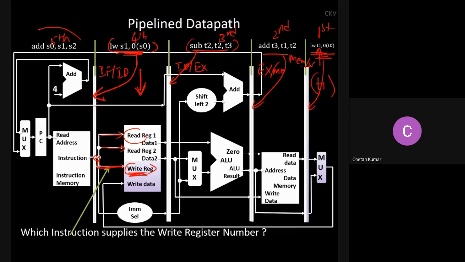Then what about when I say that the add instruction is there in the IF stage? What exactly do you mean by that? What is available here as part of the storage element? It's basically the PC, the address of this instruction.